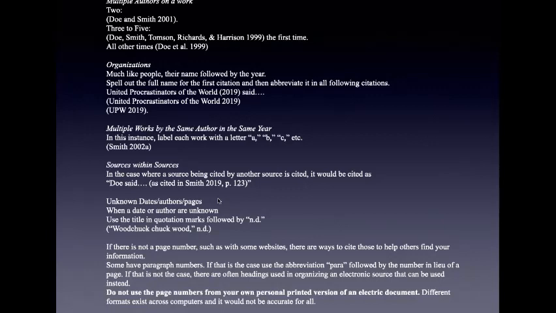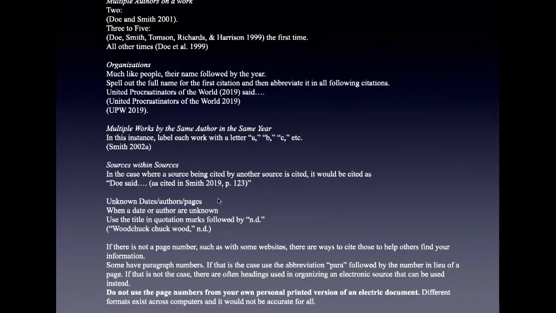Now, when it comes to unknown dates, authors, and pages, the pages are easiest to deal with because you could just resort to paragraph numbers should it be a website that doesn't exactly have pages. But when it comes to unknown authors, you can use the article or page name should it be a website.